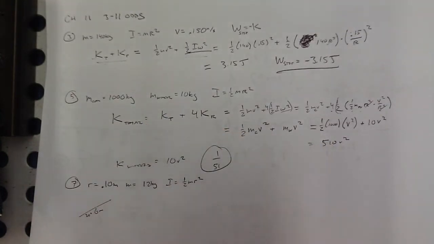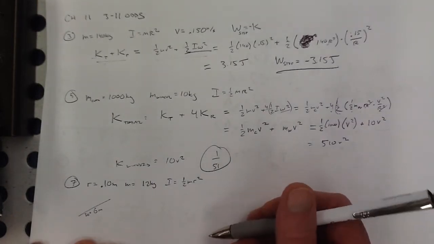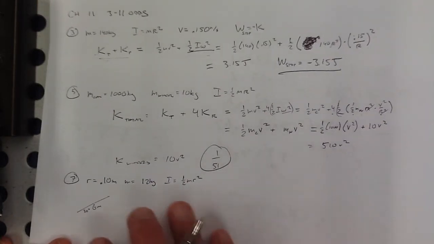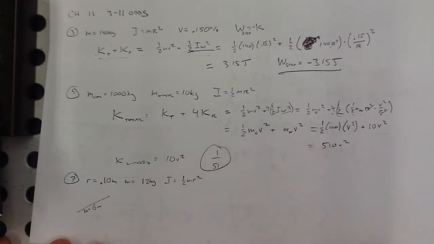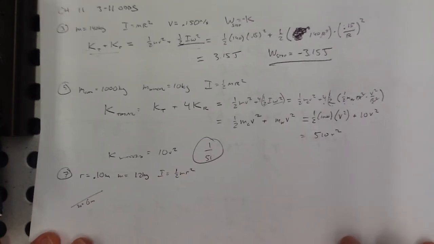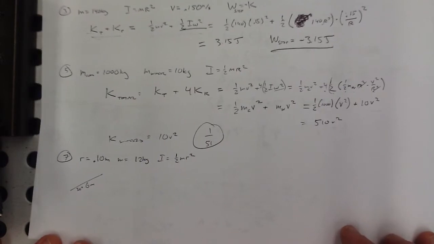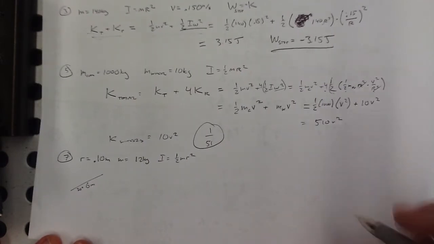Okay, so I want to know what the speed is. I could find the acceleration and then use kinematics, but I am going to do this with energy considerations, since I'm just looking for that speed. I could just pull one of these equations out of my notes, but I think you need to have practice going through the process of this.